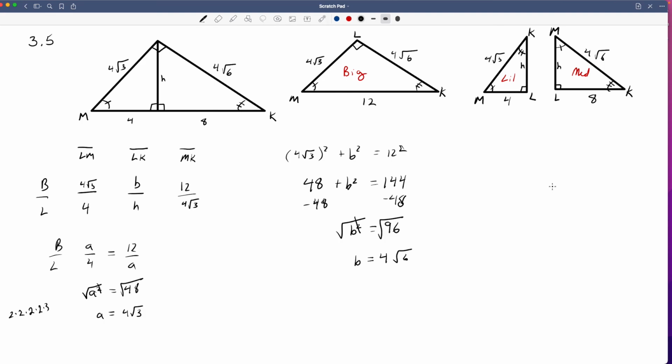We can either put 4 times the square root of 6 right here, and we can do a proportion, or we can just use Pythagorean's theorem and find h either way. So let's just use Pythagorean's theorem for this one. All right, so 4 squared plus h squared is equal to 4 times the square root of 3 squared. And the reason I said that is because we already know what this is. This is 48. We've already done that over here. So 16 plus h squared is equal to 48.